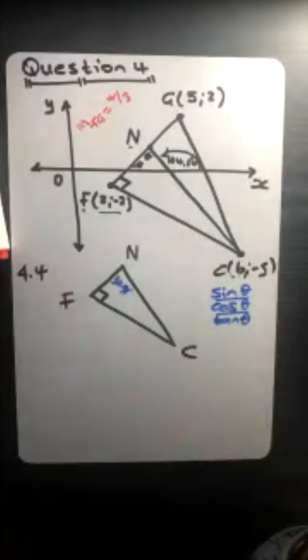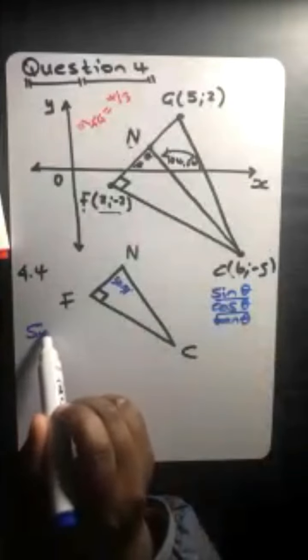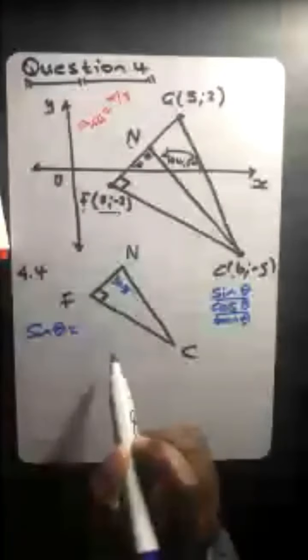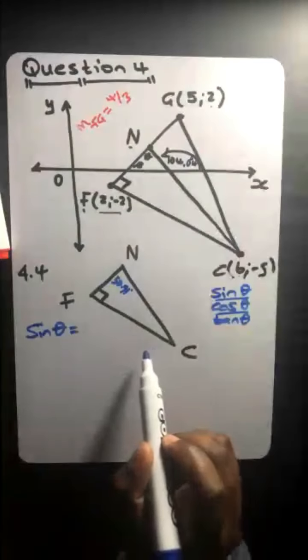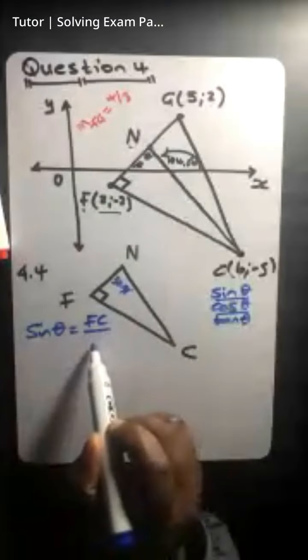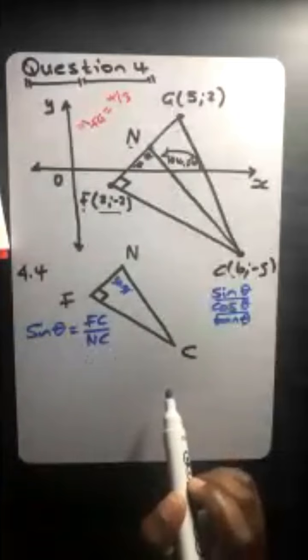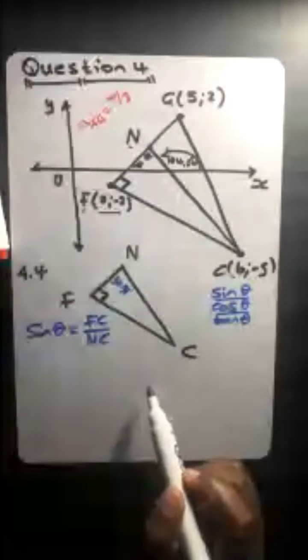Sine angle. Do you all agree? Yes, sir. 100%. So let's formulate. That means sine angle is going to be opposite over hypotenuse. What is opposite? Opposite is FC over NC, or CF over CN. Doesn't really matter that much.